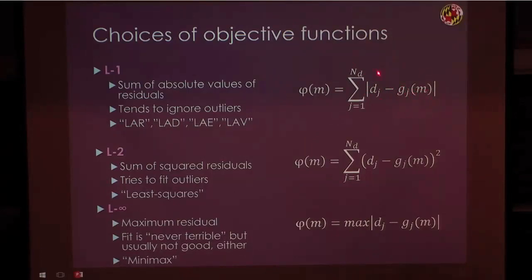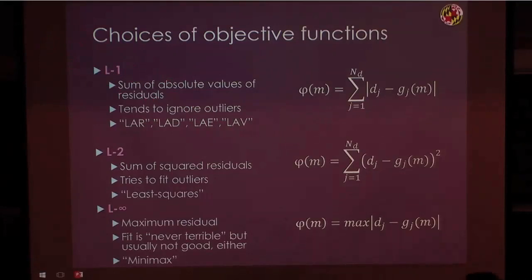And you take that difference, you take the absolute value, and you sum them all up. This objective function, I'm going to use phi to signify it. This one is called the least absolute residual, least absolute deviation, least absolute error, or least absolute value, or I will call it the L1 norm.